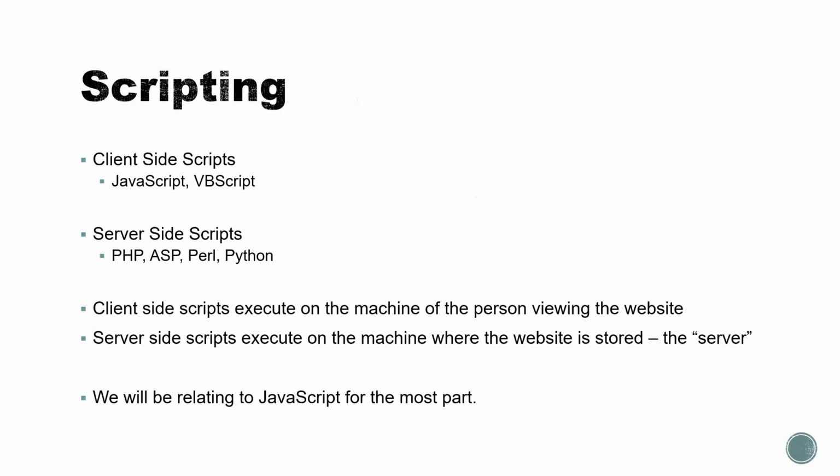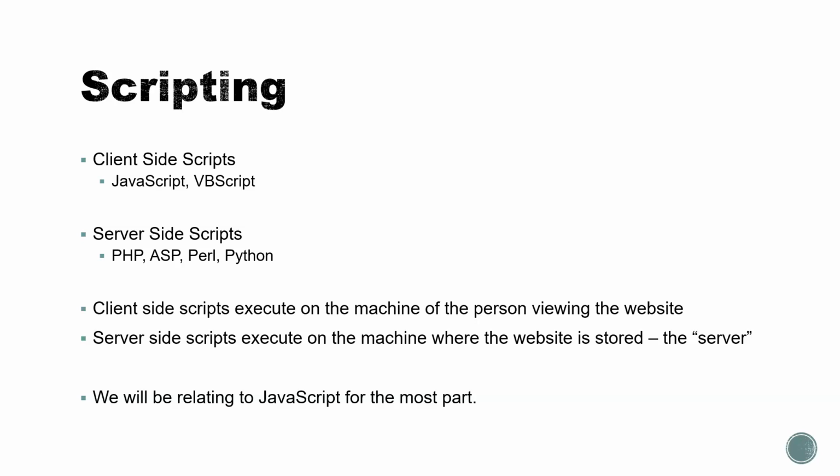Okay, so like I said, there's a range of different scripts that we can talk about, and I'm going to stick with JavaScript, client-side script. Now, what client-side means is that it executes on the machine of the person viewing the website. So highly likely that when you're watching this video, you're going to be on a client-side machine.